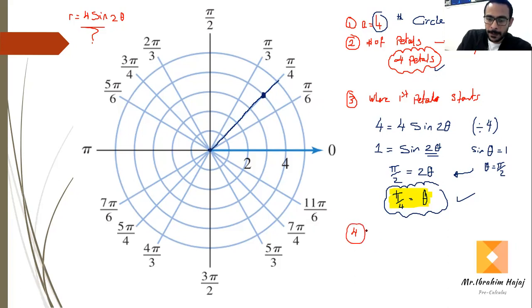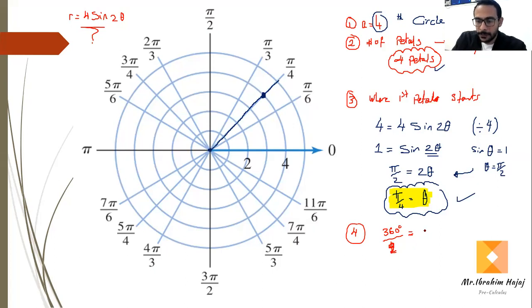The last step, the next line, number 4, the fourth step, is to find the rotation. We rotate. I'm going to divide 360 degrees by n, which equals 360 over n.